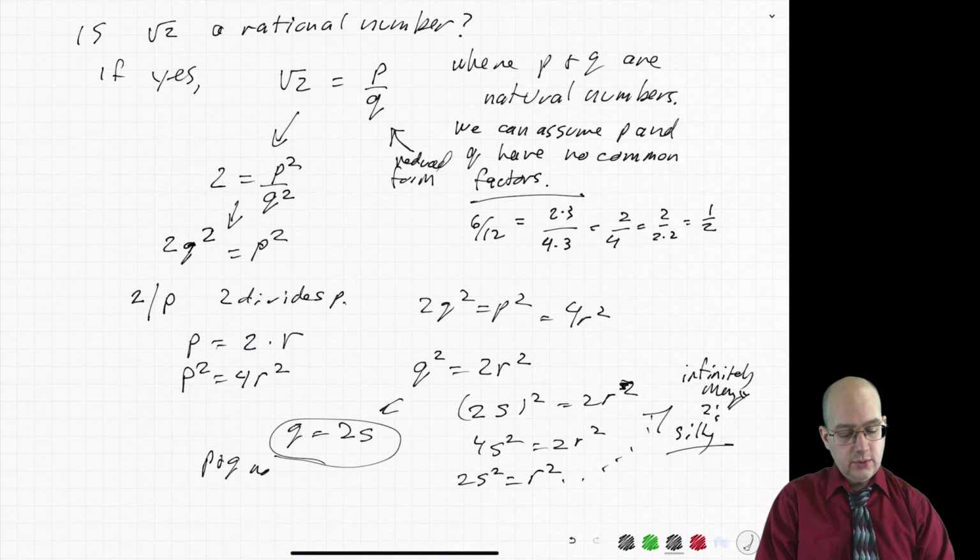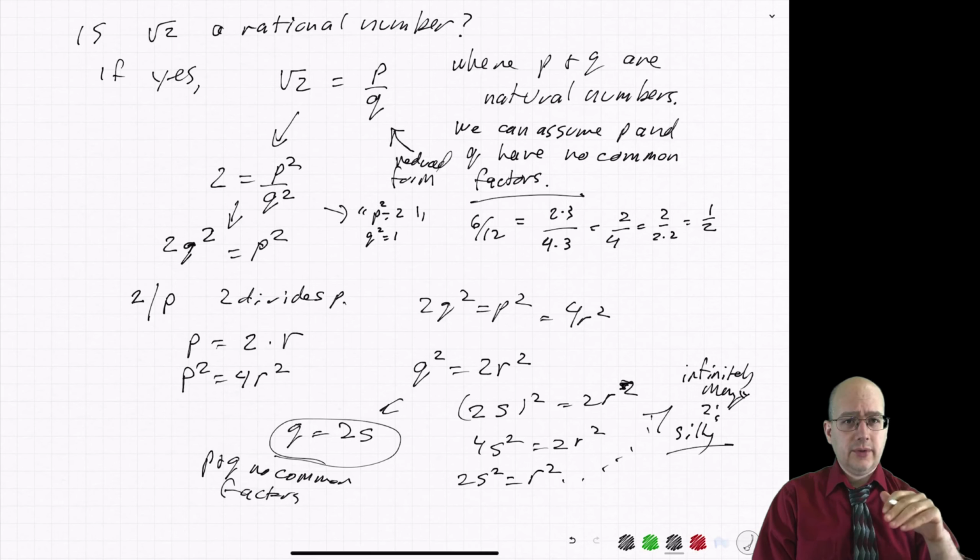If you do assume the thing is in reduced form, you end up having both of them having factors of 2, so that's a contradiction. If you aren't assuming reduced form, you get this infinite sequence of 2's, so they have infinitely many factors of 2, which is kind of silly.